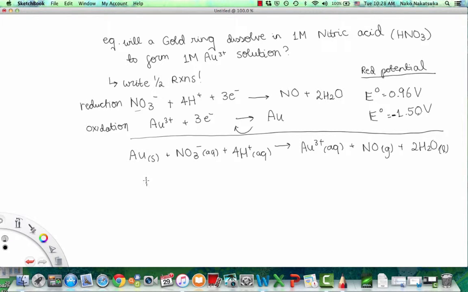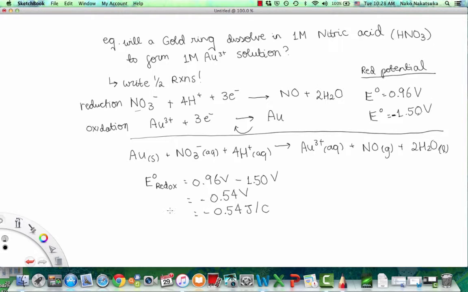And then we can calculate the potential for the whole redox reaction as being 0.96 plus negative 1.5 volts, so minus 1.5 volts, which gives us negative 0.54 volts. Now, again, since I went over the units of voltage, we can actually write this out as negative 0.54 joules per coulomb as well.